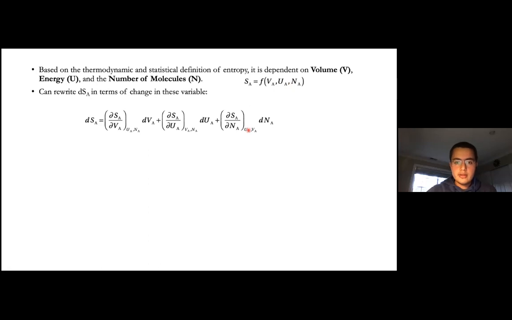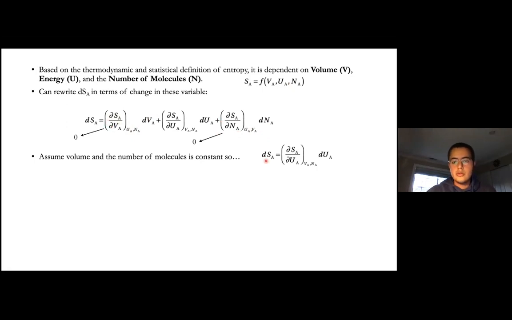You don't have to rederive this in class, but it makes sense because in the first part, you're holding energy and number of molecules constant and calculating entropy in terms of changing volume. In the second one, you're changing energy, and in the third one, you're changing the number of molecules. To make this easier, we're going to assume the volume and number of molecules are constant. So we can cross these two off because this will be 0 and this will be 0. The change in entropy will be the partial derivative with respect to energy.